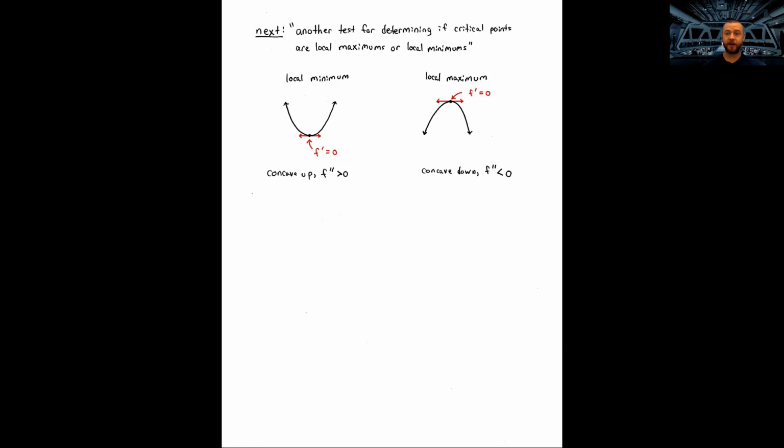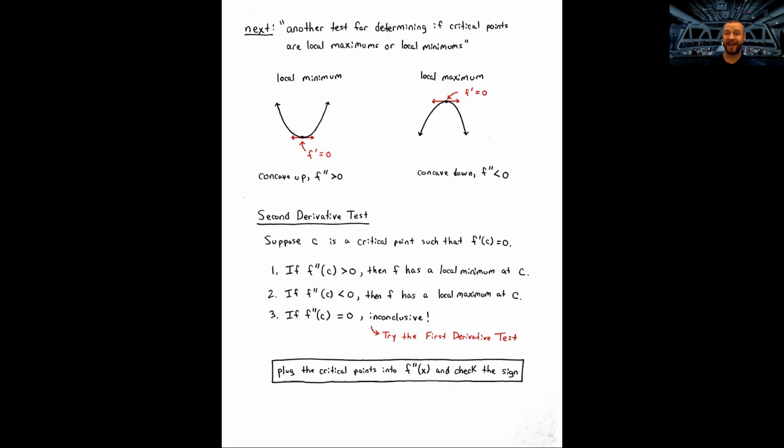And then on the right there, the local maximum is a concave down shape. On the left, the concave up shape has a positive second derivative. On the right, the concave down shape has a negative second derivative. And what we get is a very nice test, what we now call the second derivative test.